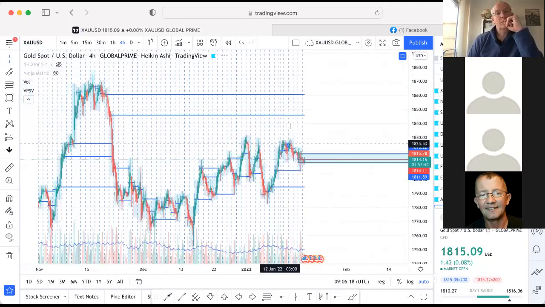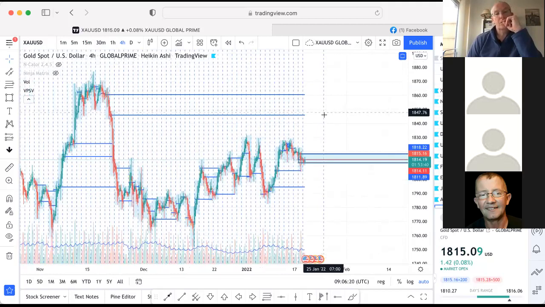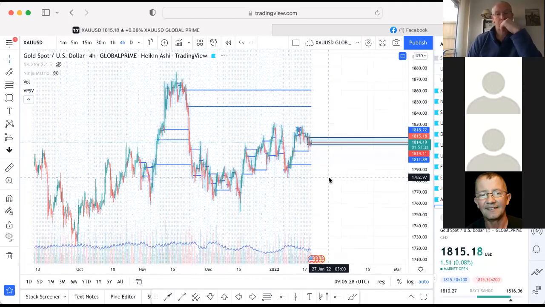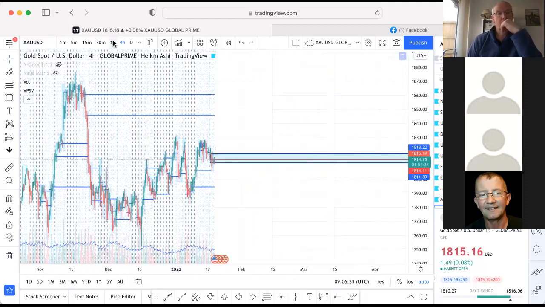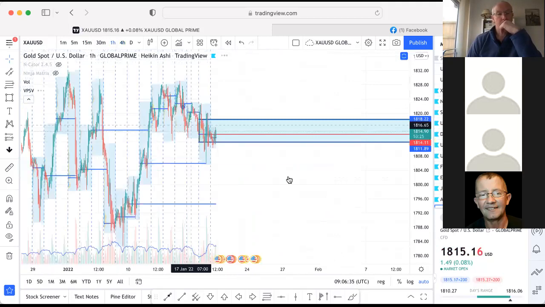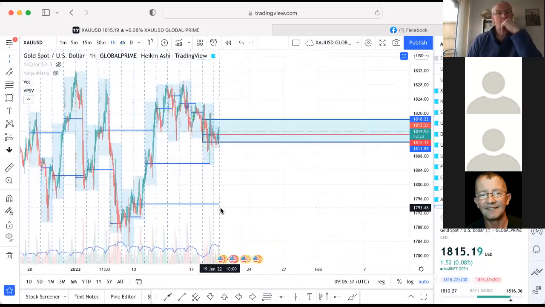And there's a couple of potential reversal zones there, 2 above, and we looked at 1 below earlier. Don't know where that one's disappeared now, but there it is. So we've got some potential targets for later today.